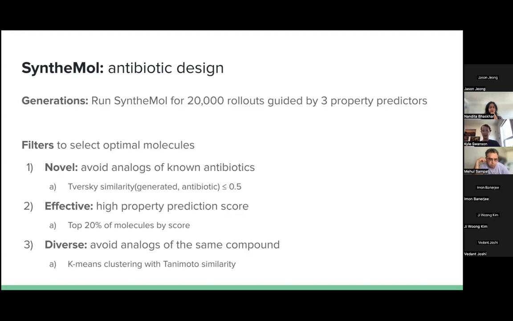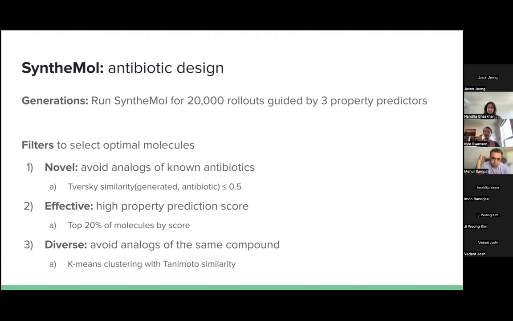And then once we've done that, we now have novel and predicted effective molecules. And now we just want to select a diverse set of those molecules, because here we want to avoid analogs of the same compound, because that's not super interesting. So what we did here was, among those novel effective molecules, we did a k-means clustering using Tanimoto similarity as the distance metric between molecules. And we used k equals 50.